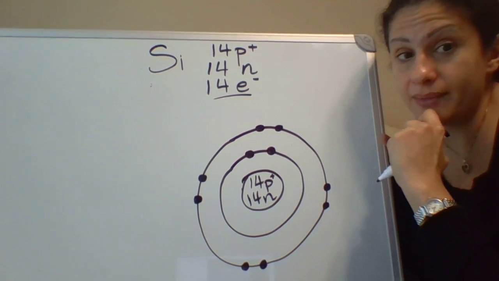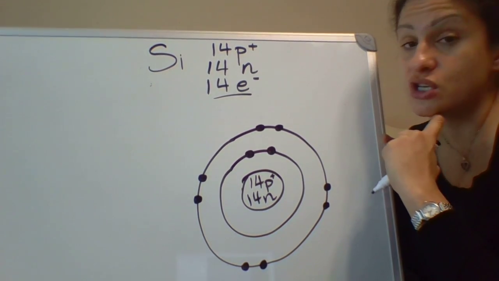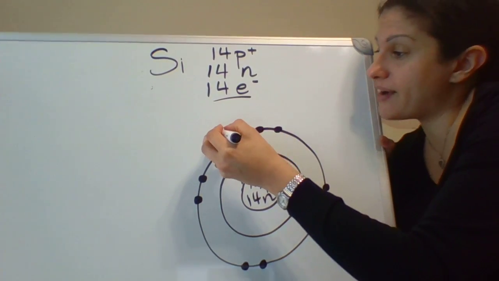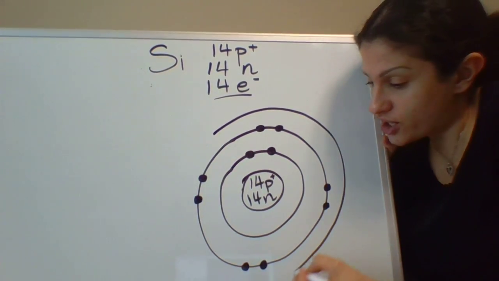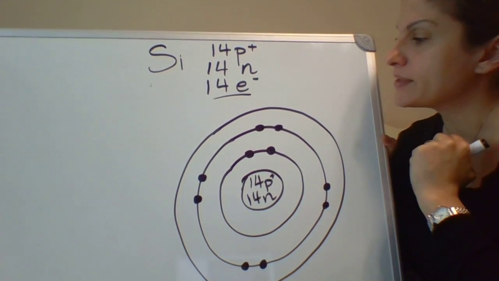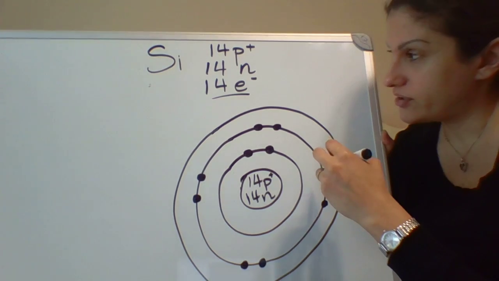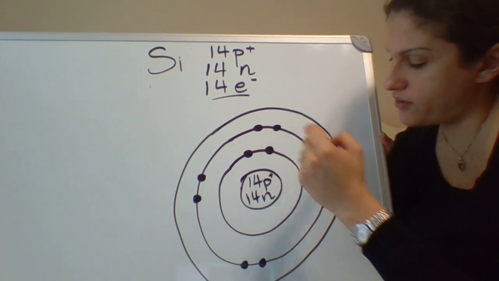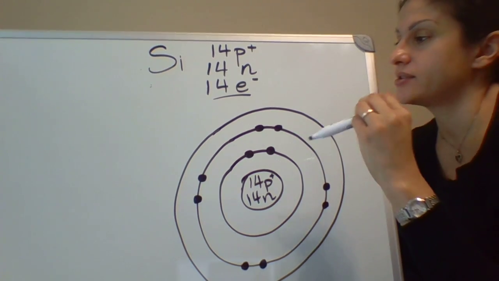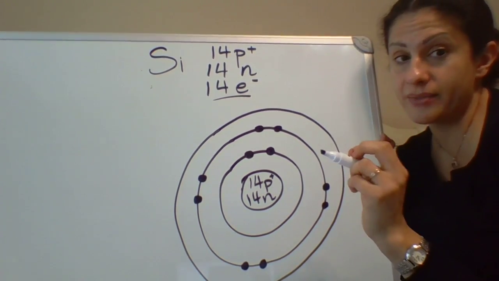Do we have the right amount? No, we are still missing 4 electrons. So we now have to draw the third shell. There are still 4 electrons. Remember, do not pair them yet.